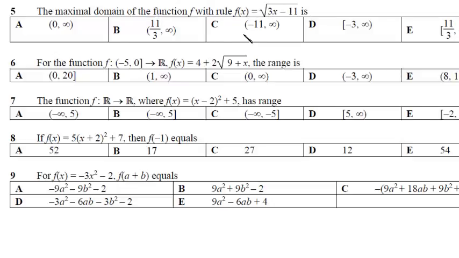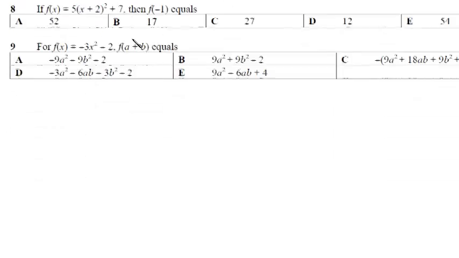Okay. So this one is a bit difficult to understand because it says maximal domain. So there is something called implied domain. So I have to introduce a little bit of concept. Implied domain or maximal domain.